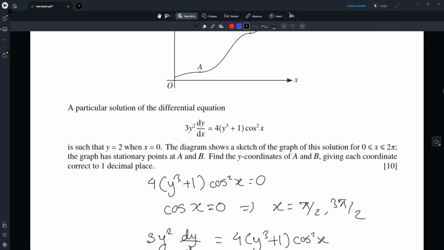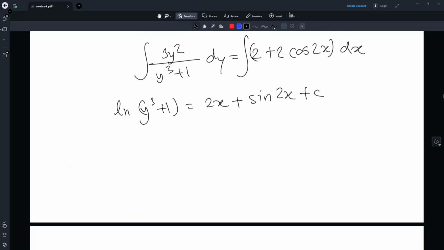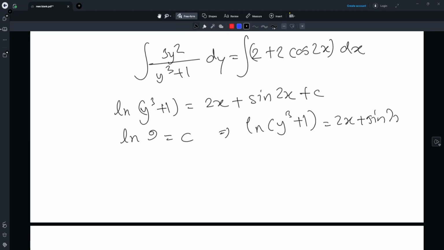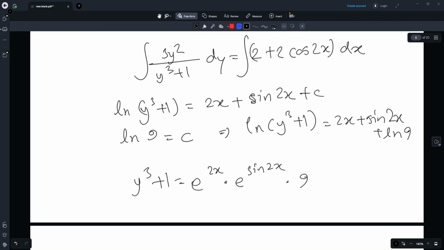And it says when x equals 0, y equals 2, which means ln 9 equals c, since the other terms are 0. Therefore ln(y³ + 1) equals 2x plus sin 2x plus ln 9. So basically y³ + 1 equals e^(2x) times e^(sin 2x) times e^(ln 9). I just put them separately together because I'm going to get e to the power 2x plus sin 2x plus ln 9.